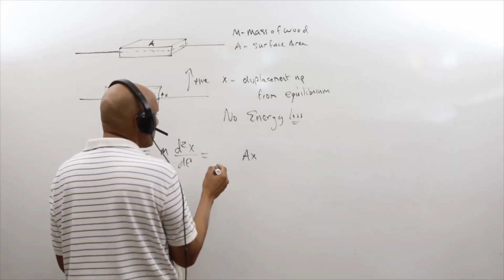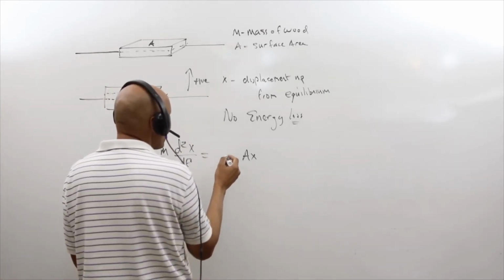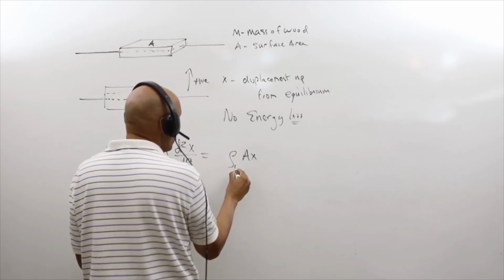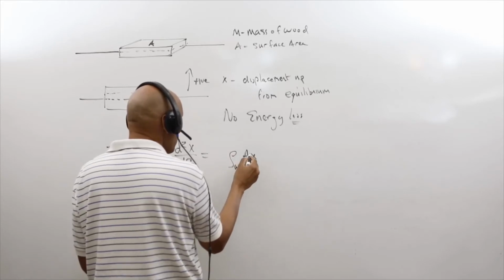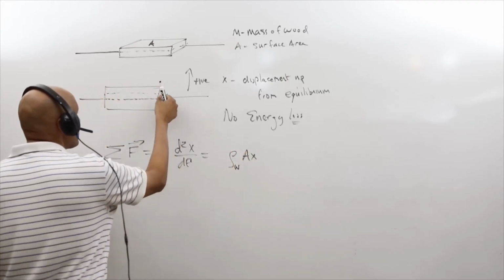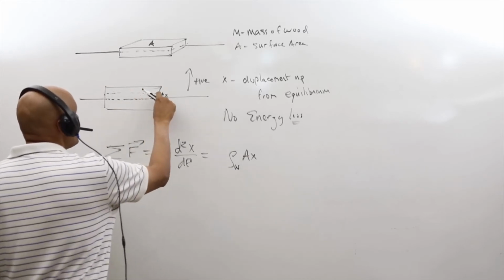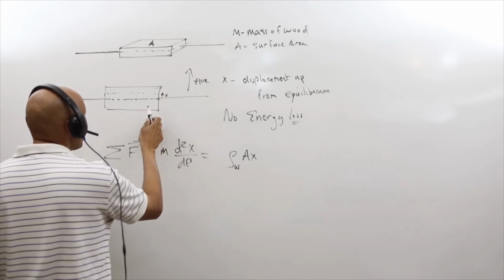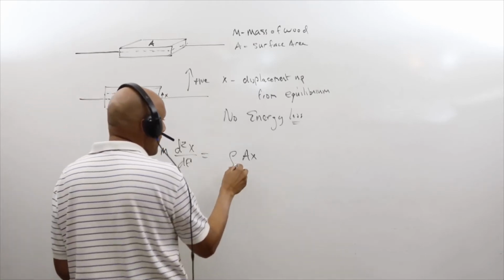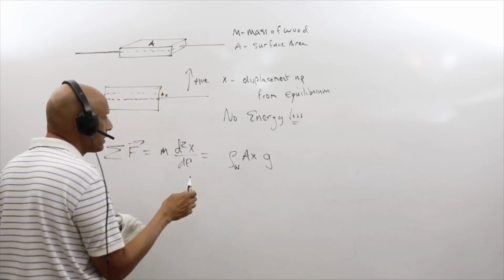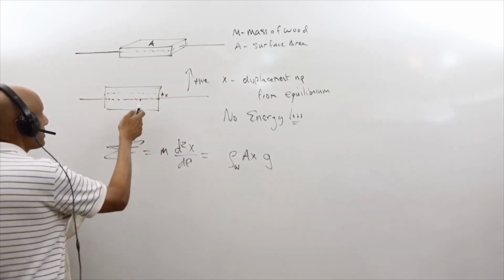The density of water times the volume gives me the mass of the material that this volume is no longer displacing. So this mass times g is the force that's actually pulling this material.